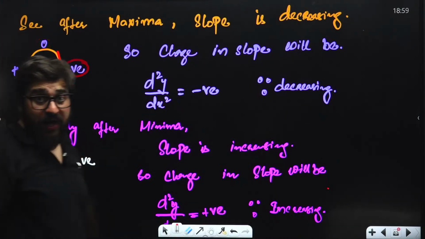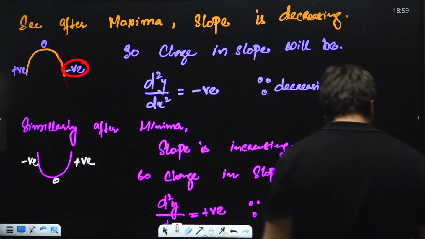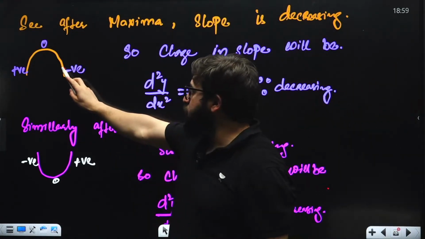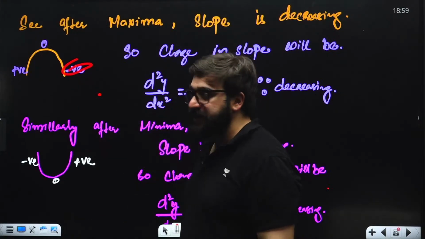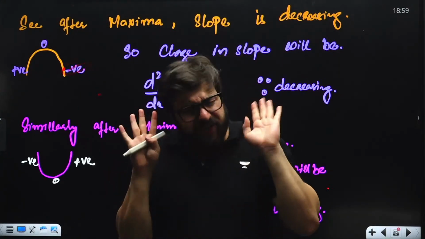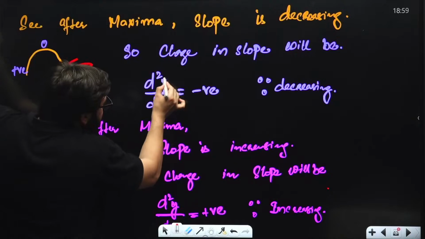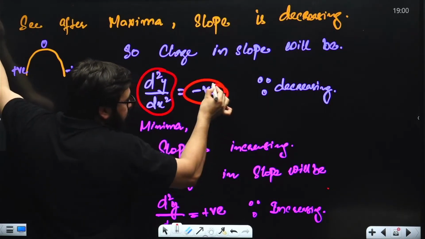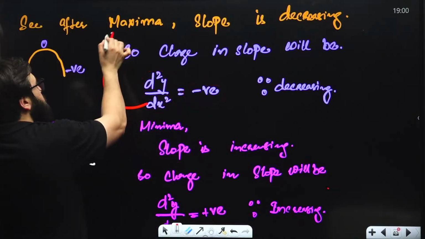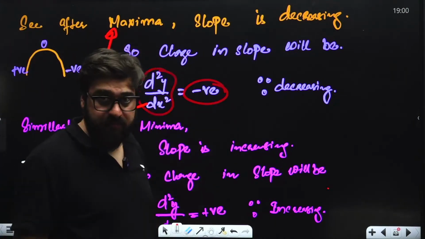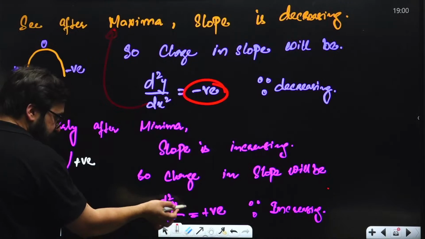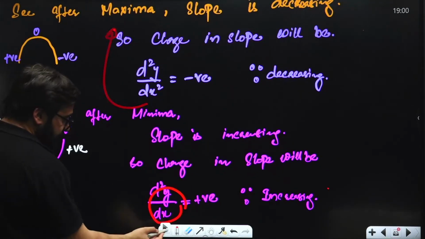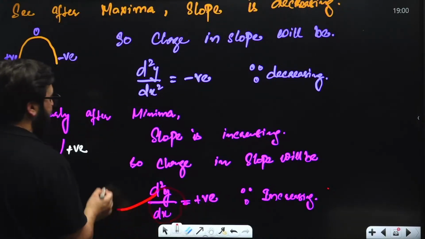So directly, forget about the slope and all. If d2y by dx2 is coming out to be negative, it means that is maxima. And if d2y by dx2 is coming out to be positive, we say that is minima.